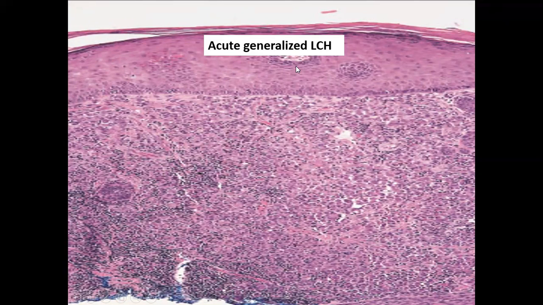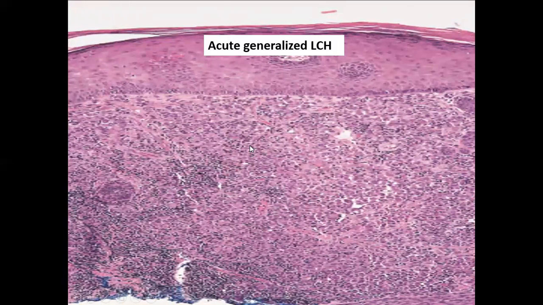Various different kinds of histiocytosis, both Langerhans and non-Langerhans histiocytosis, will be characterized by the presence of abnormal-looking histiocytes occupying the dermis.